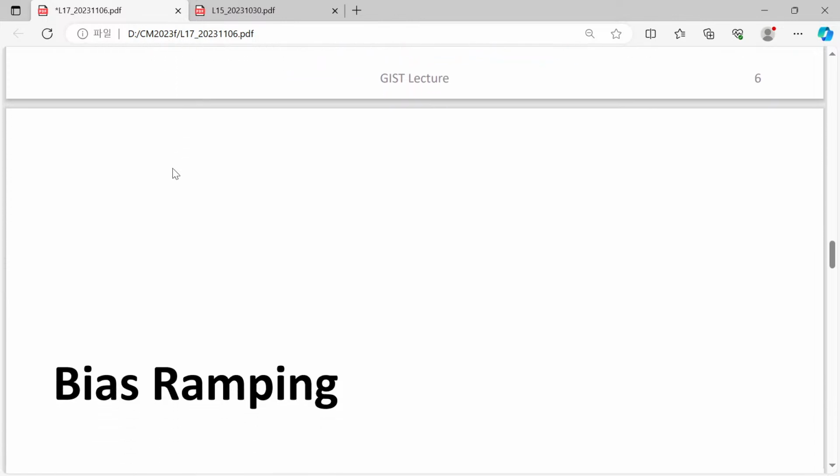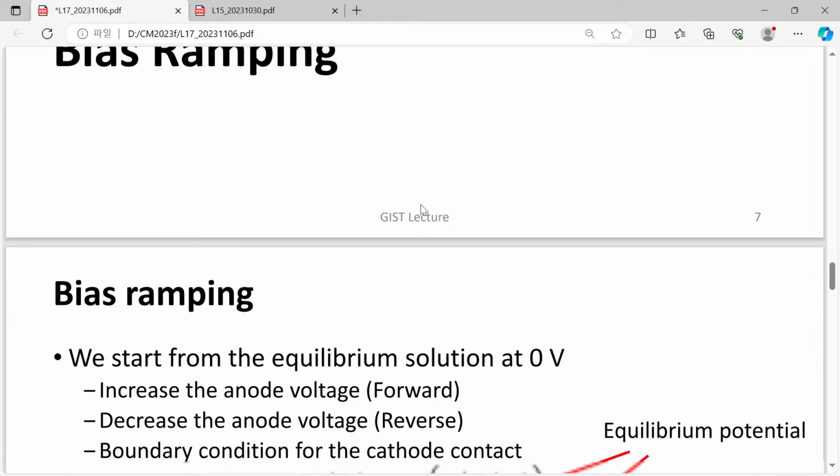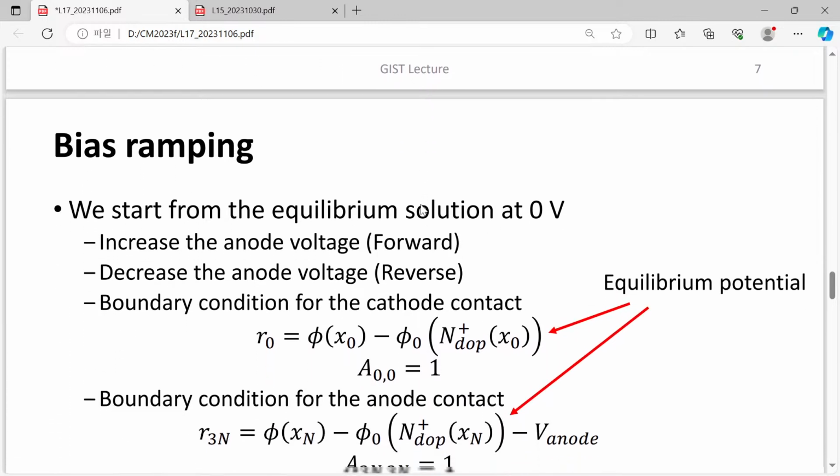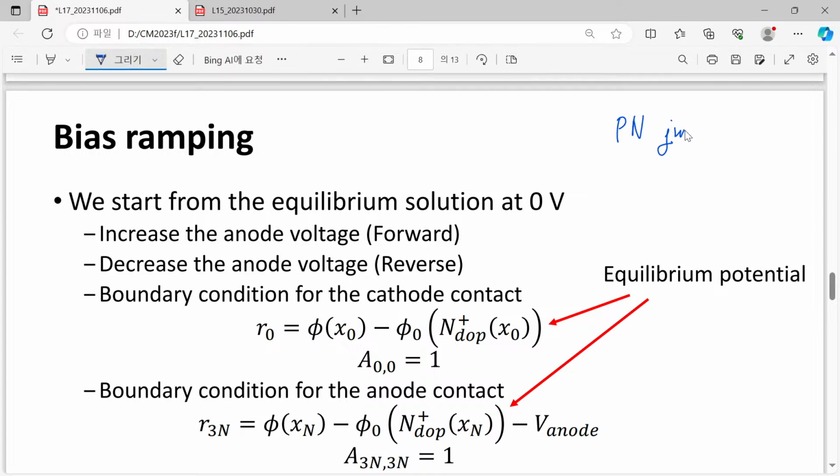then let's go to our bias ramping case. So bias ramping is required for realistic cases. So maybe all of you have already attended some courses for semiconductor devices. So actually the PN junction is the first device we are studying in that course.